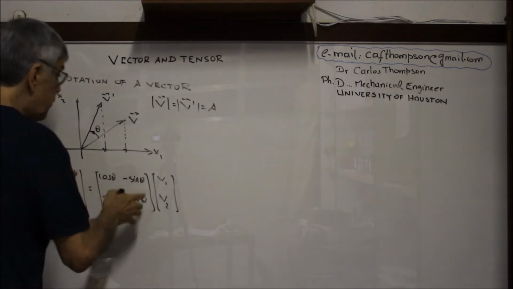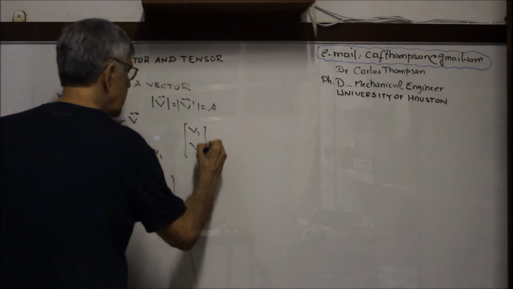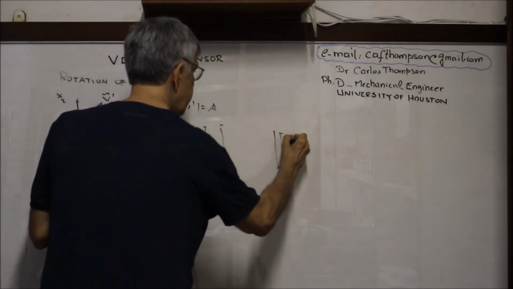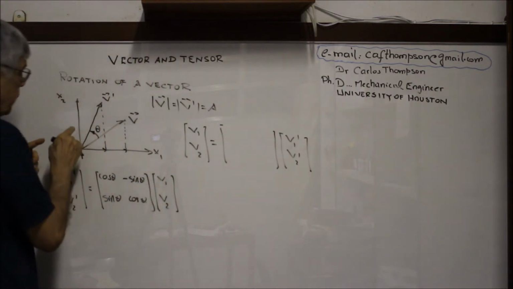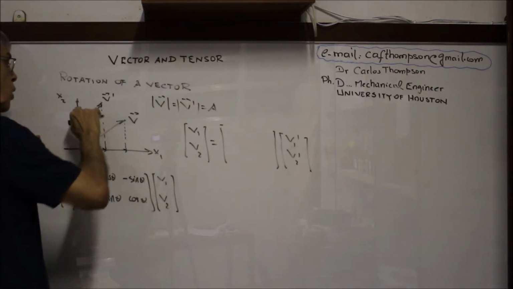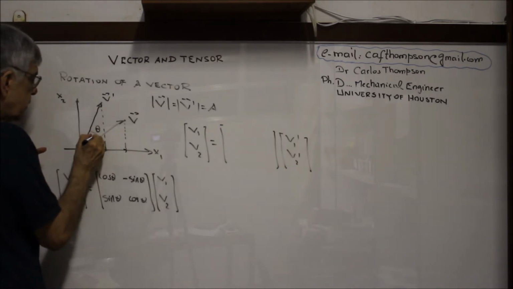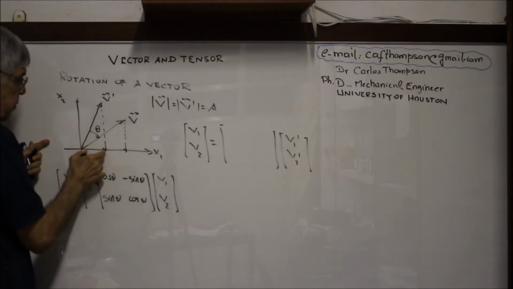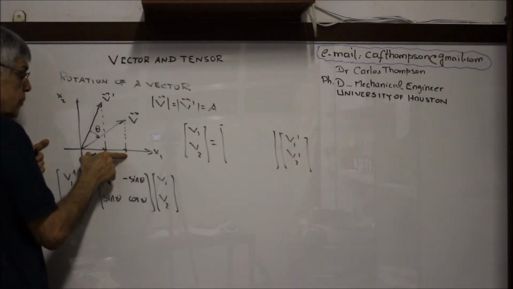Likewise, if you have V1, V2 is equal, now this is V1 prime, V2 prime. You see, look. Now, if you rotate clockwise this angle here, now you start from V prime. Now, V1 will be increasing.